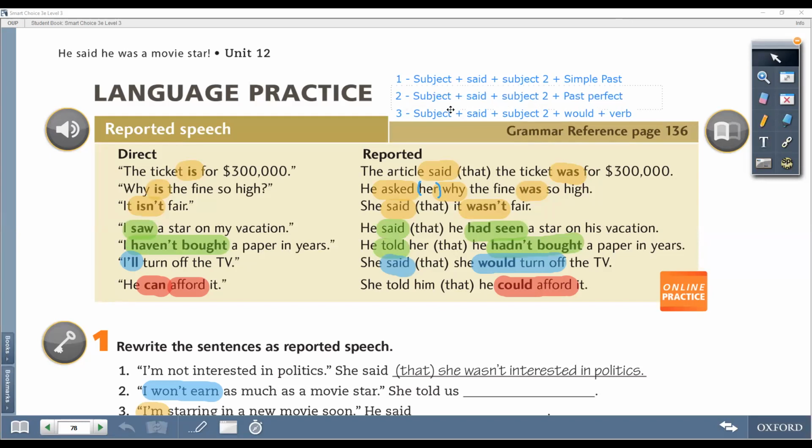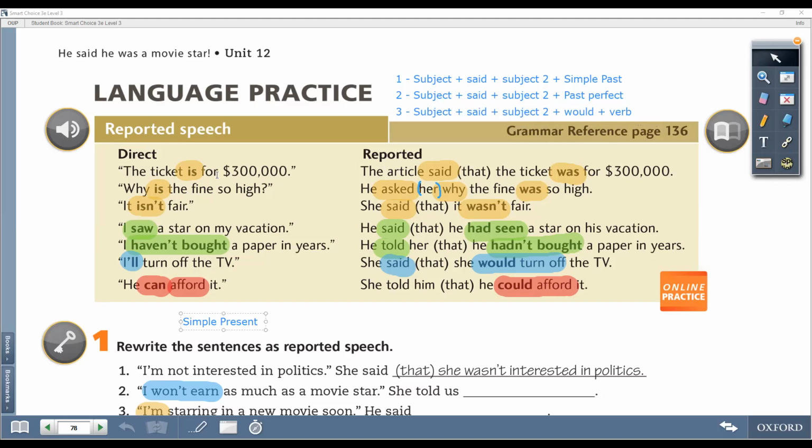So here we have 3 situations. The first one, let me put here. This one here, guys, number 1, I use for verbs that are, or sentences that are in the simple present, okay? So I'm going to put here so you understand. Simple present sentences, like here.